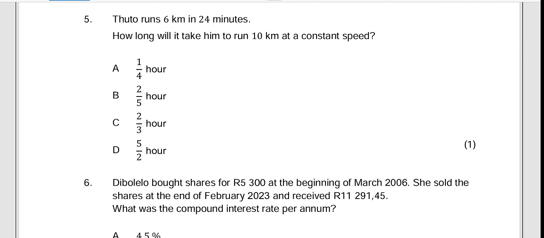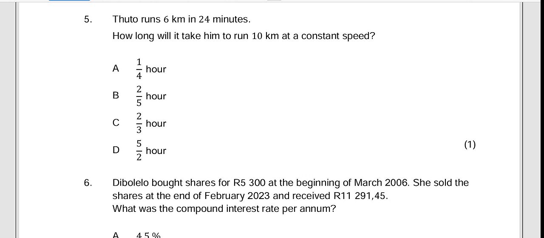So number 5, Tudor runs 6 kilometers in 24 hours. How long will it take him to run 10 kilometers at a constant speed? So now we know that he or she runs 6 kilometers.